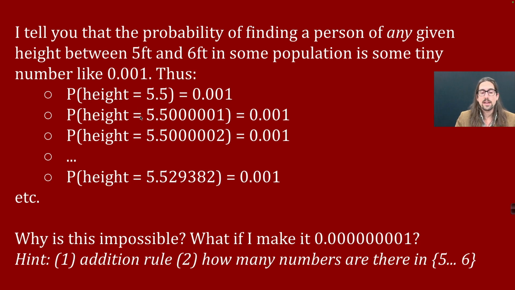So for example, the probability that you are 5.5 feet tall exactly is 0.001, right? The probability of you being 5.5 feet tall plus some tiny fraction of an inch is also 0.001, and so on and so forth. The probability of being 5 plus square root 2 or whatever is also that number. So I could keep adding bullets here for every possible number between 5 and 6.